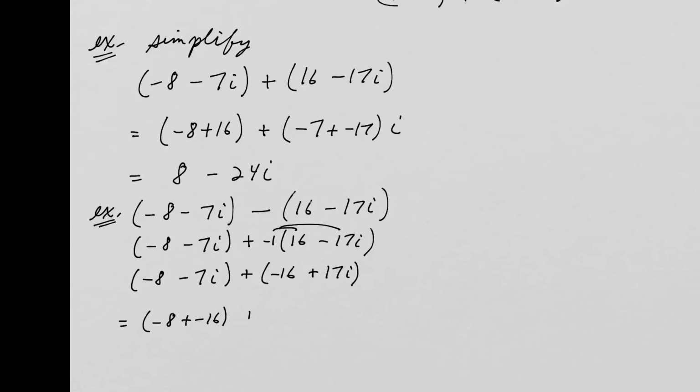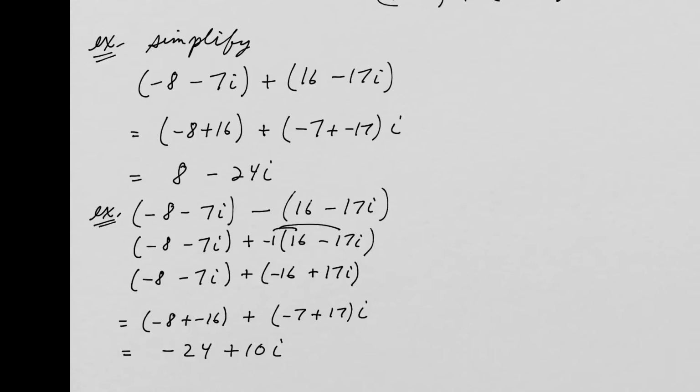I add the real number parts. Plus, and then -7 plus 17. Well, what's -8 plus a -16? That's -24. And then what's -7 plus 17? That's a positive 10i. So that would be my answer. -24 plus 10i.